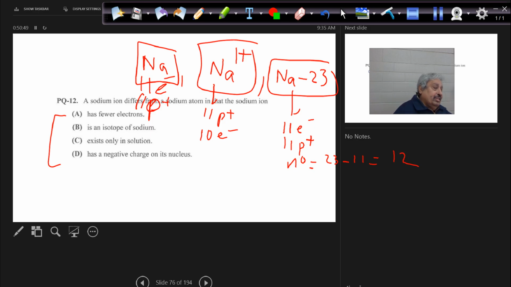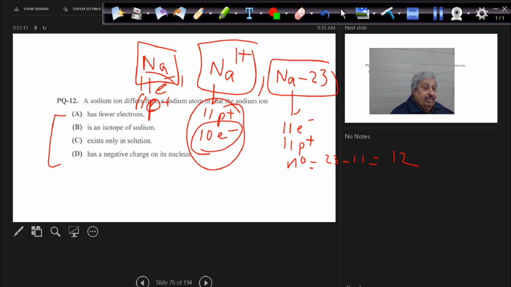So, look at this. Then which one is out of these 4 options? How about A? Can you consider A is correct? Because electrons in a charged sodium ion, you have fewer electrons, 10.